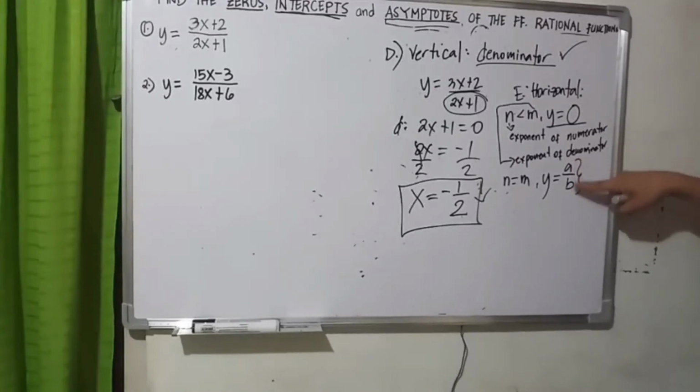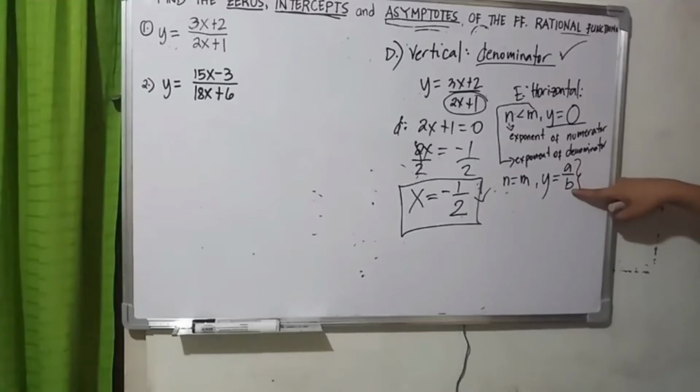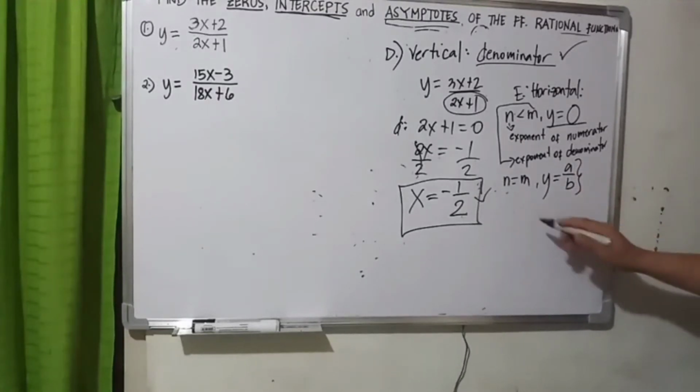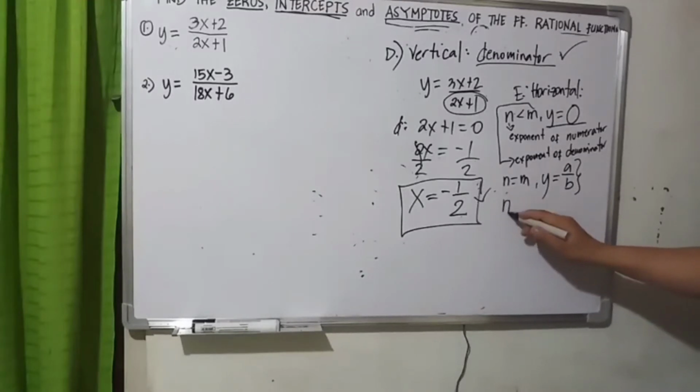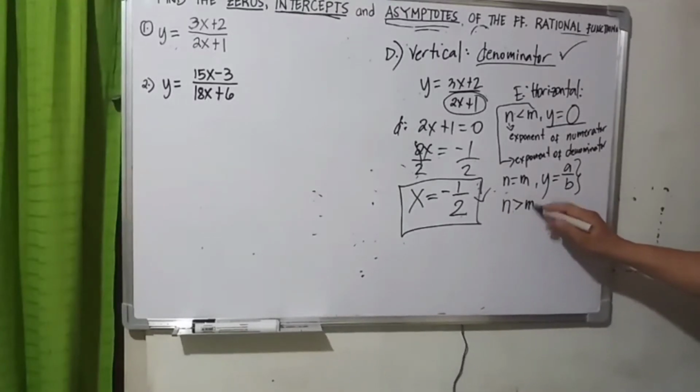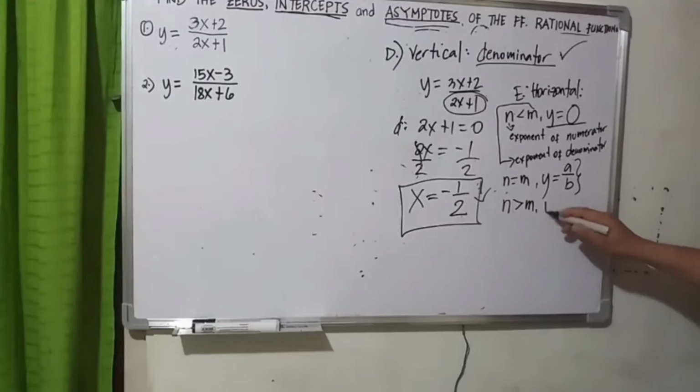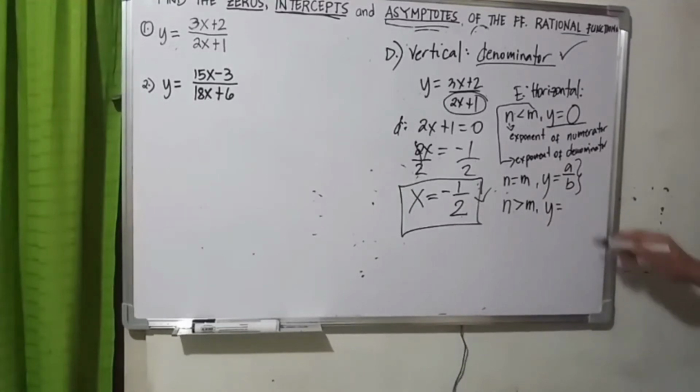And last restriction, if n is greater than m, there is no horizontal asymptote. Yan ang tandaan.